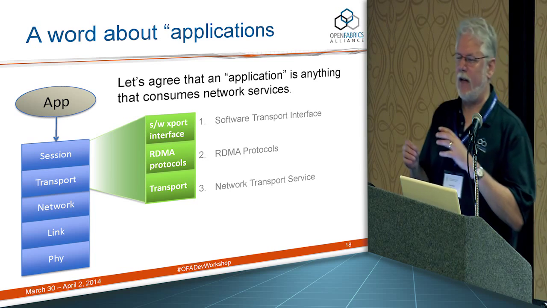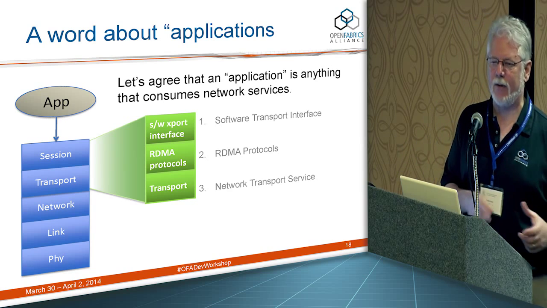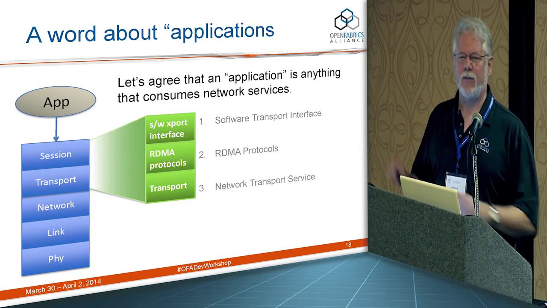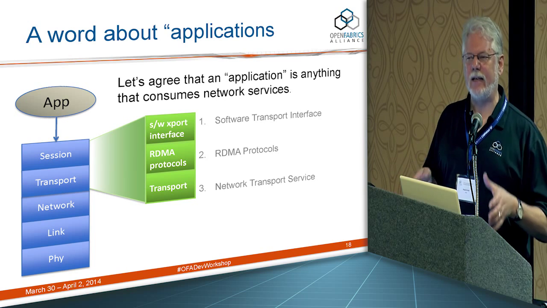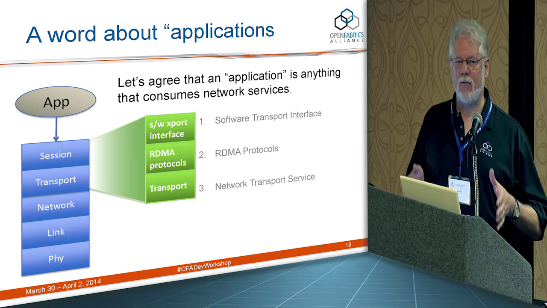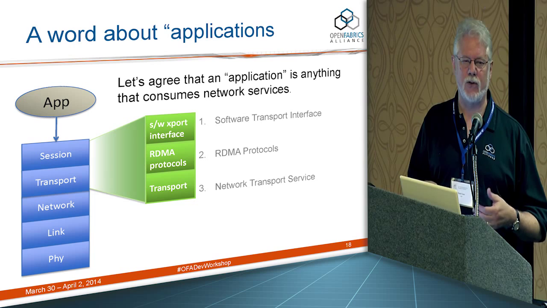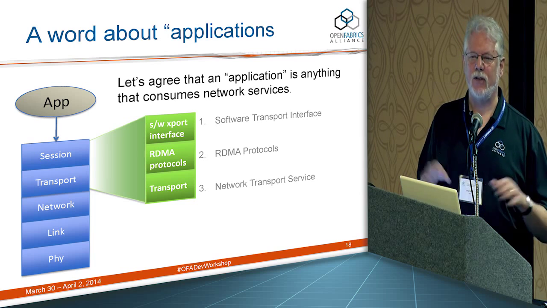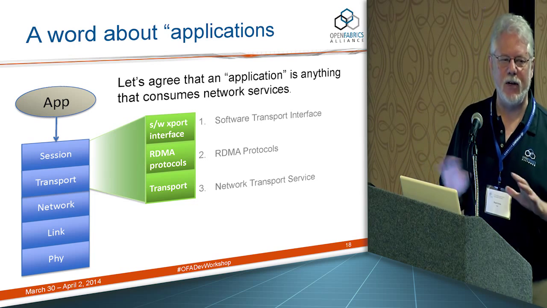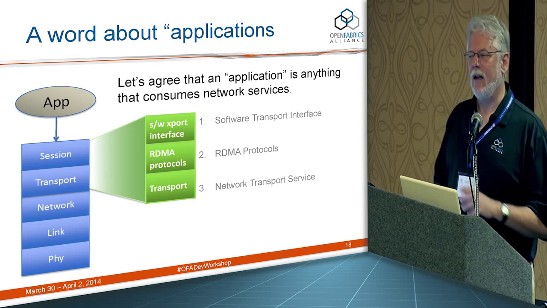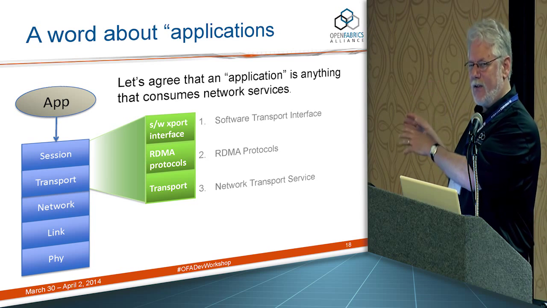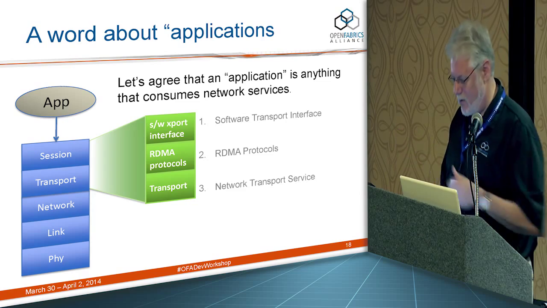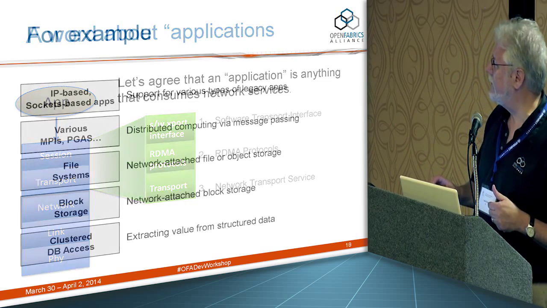So there are all these endless discussions about, well, is MPI an application or middleware? I don't care. For our purposes, MPI is an application. From the network perspective, it consumes network services. Think of it as an application. I just wanted to get that clear so we don't have to have that discussion anymore. Rigorously speaking, this is the definition of application. All right, enough of that.